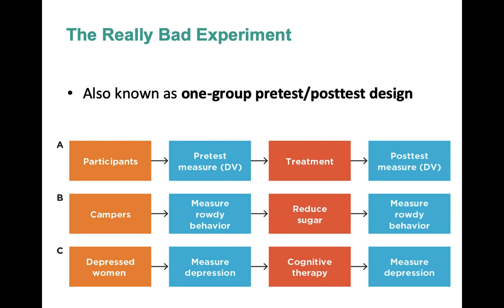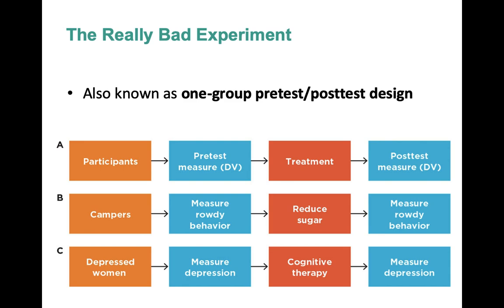Some of the examples that are given in the chapter would be, let's just say that we're a camp counselor, and we've got a bunch of rowdy campers on our hands, but our hypothesis is that if we reduce their sugar intake by, say, limiting sugary drinks or soda, or even serving desserts at meals, that will reduce rowdy behavior.